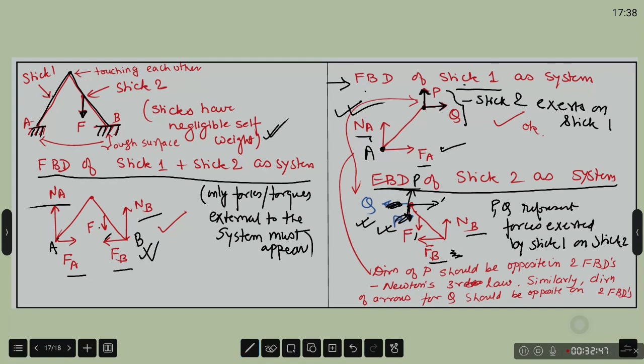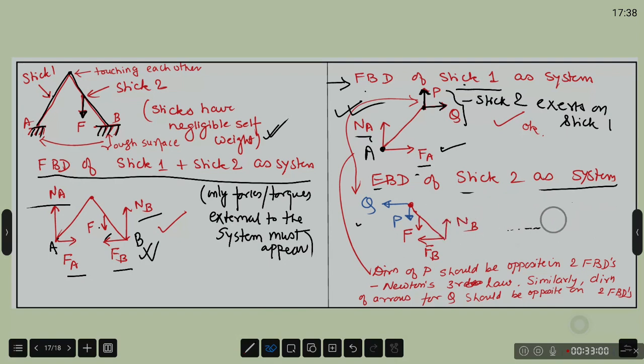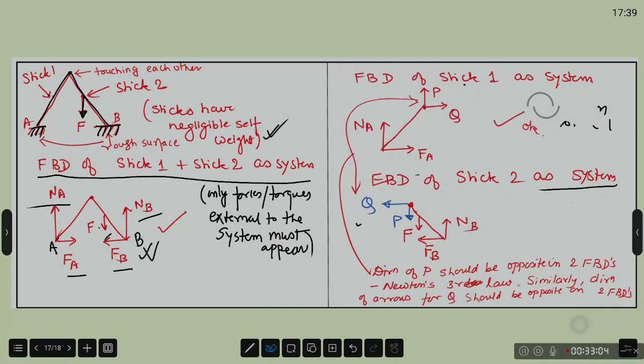So in this way, all FBDs of individual parts of an assembly should be drawn in a self-consistent way. Self-consistent way. And that self-consistency applies here also.